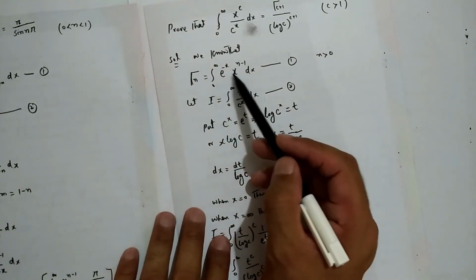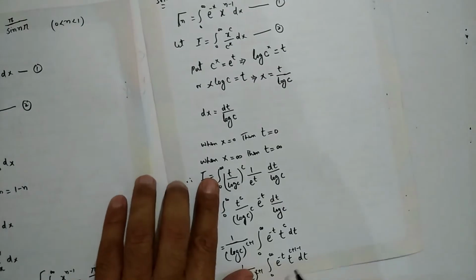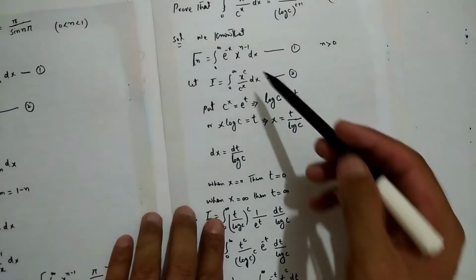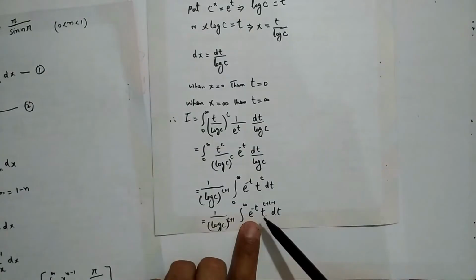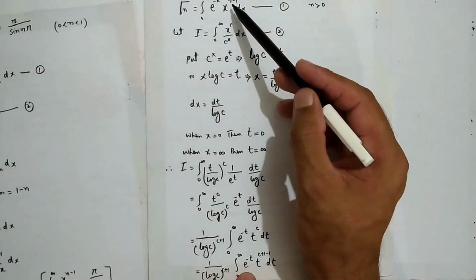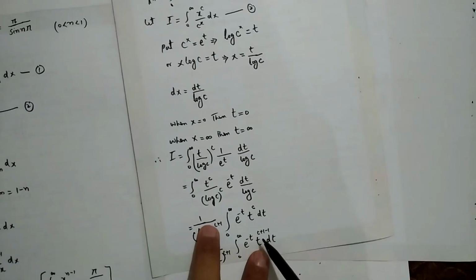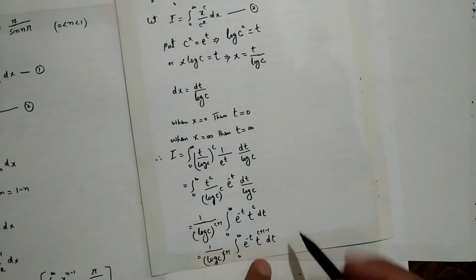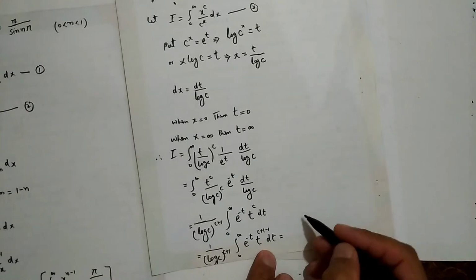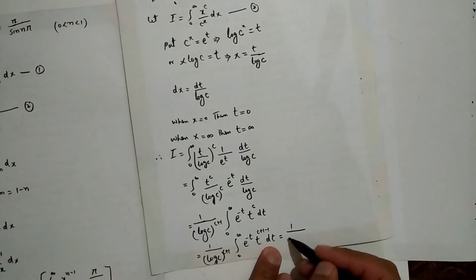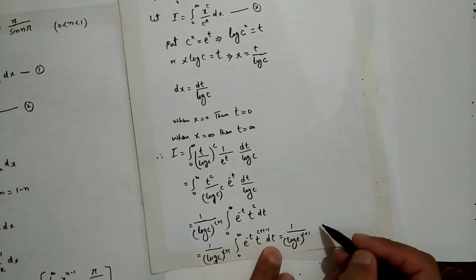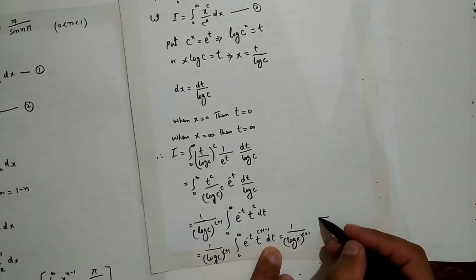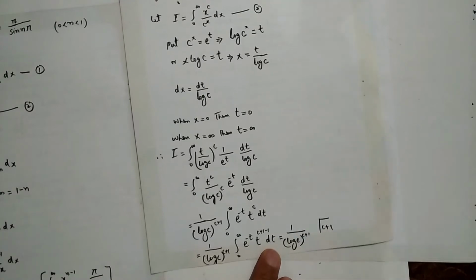Here we have a variable x and here we have variable t. So e to the power minus x, x to the power n minus 1, and here instead of n we have c plus 1. So this will become 1 upon log of c to the power c plus 1 into gamma c plus 1.